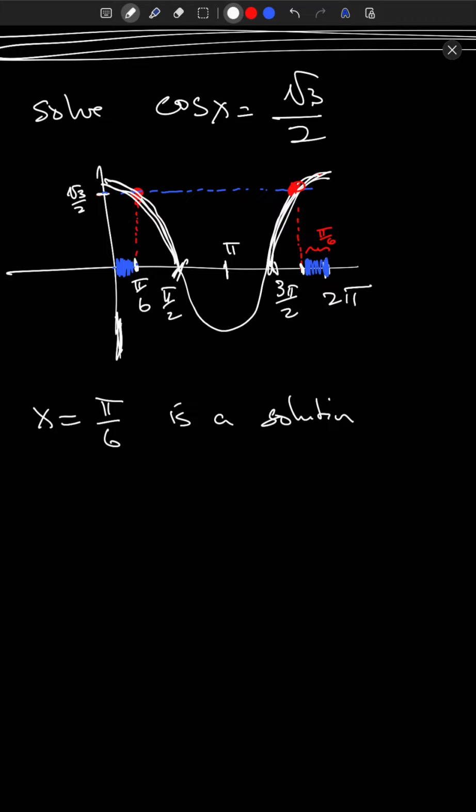So it's to the left of 2 pi, left by an amount of pi over 6. So that means this position is 2 pi minus pi over 6, which is 11 pi over 6. All right. And so my second solution is x equals 11 pi over 6.